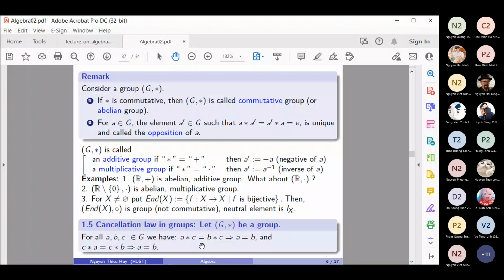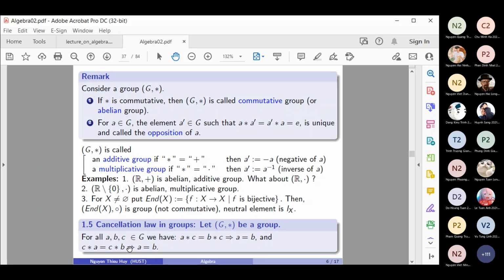And actually, because the star may not be commutative, when you have an equality, you have to keep the order in the same way so that you can cancel. Here you can cancel if they have the same order, then you can take the star with C prime, right?